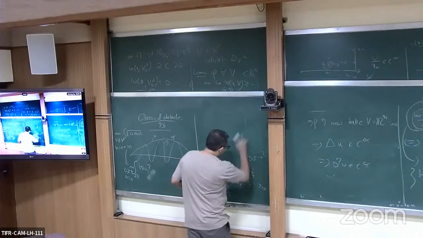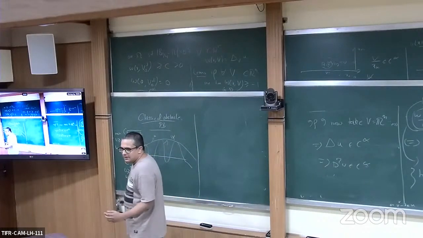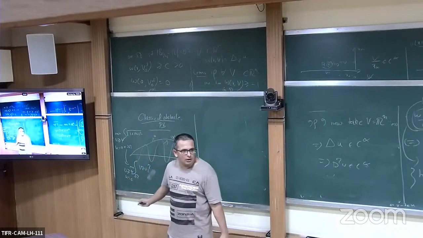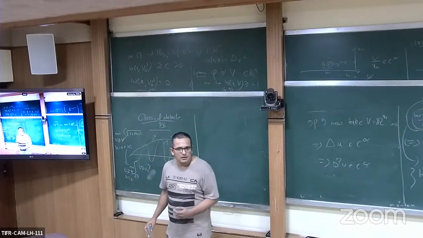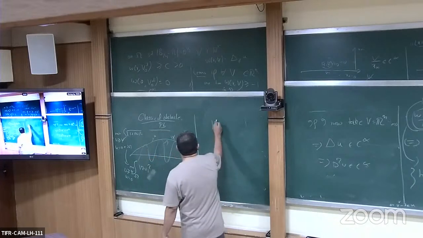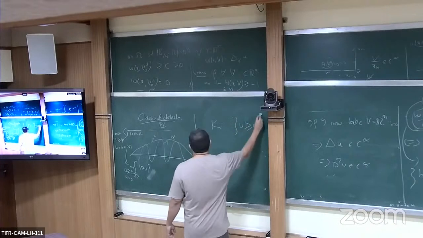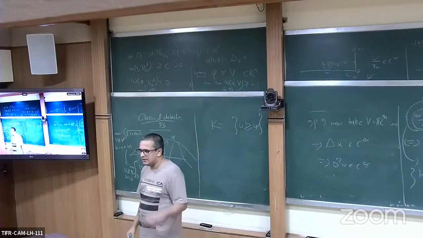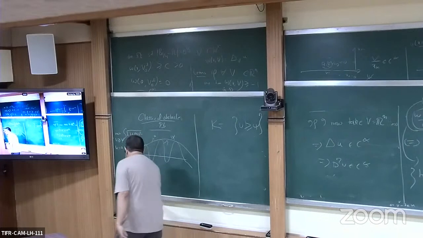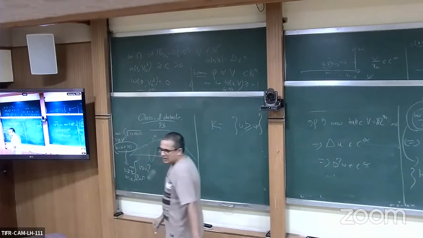So now, what can I say about this? Existence, at least variationally, is very soft. Any question? Existence variationally is very soft because what you do is look at this set, which is u bigger than or equal to psi, with boundary value u equal to 0.